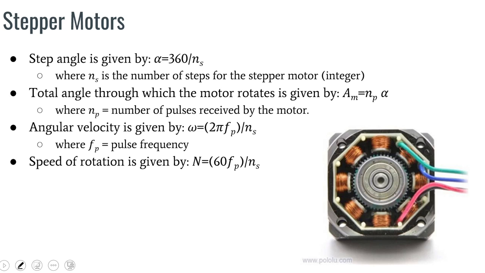One of the main properties of a stepper motor is what is called the step angle. Say, if a stepper motor has n number of steps, then the step angle is 360 divided by that number of steps, that is, how many degrees it will rotate per step. So that is the step angle.